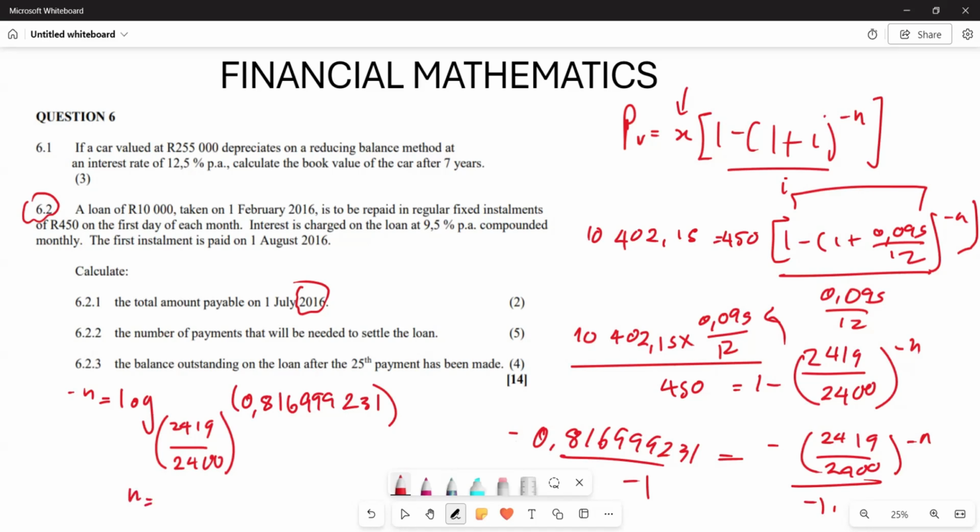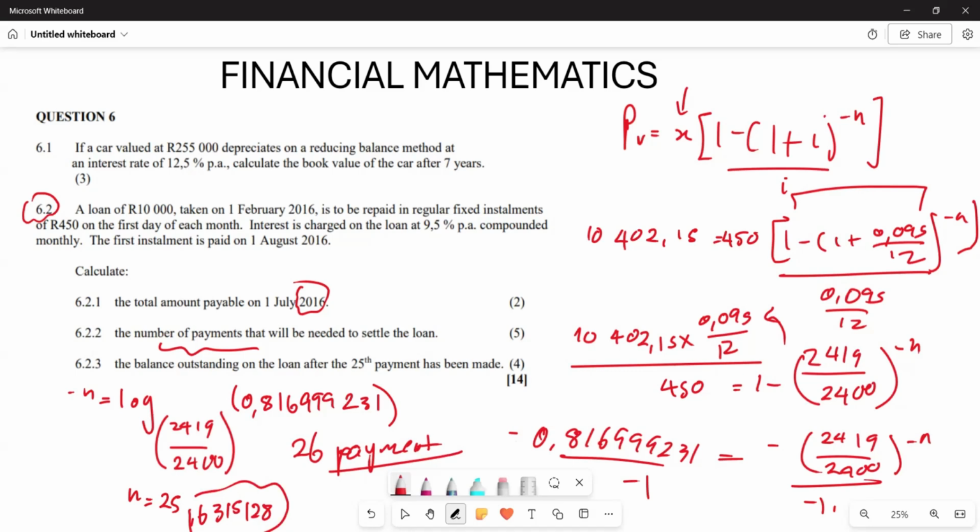So the n that I'm going to get here is 25.6315128. So the number of payments is going to be 26 payments, even though the last payment is not going to be the full amount, because it's not necessarily a full month.